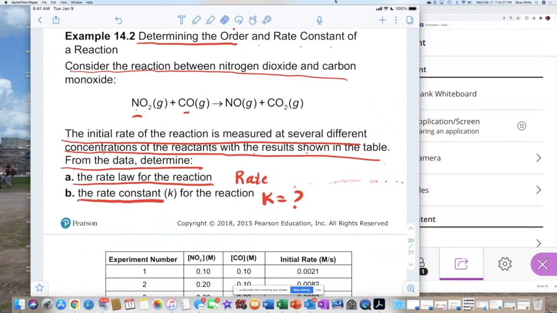Okay, so here's my thing. I'm going to be figuring out the rate law. Let me not be lazy. Since I have two reactants, I'm going to have two reactants in my rate law, right? That's what I'm hypothesizing.